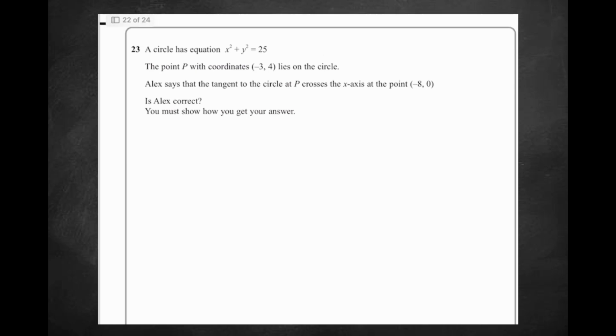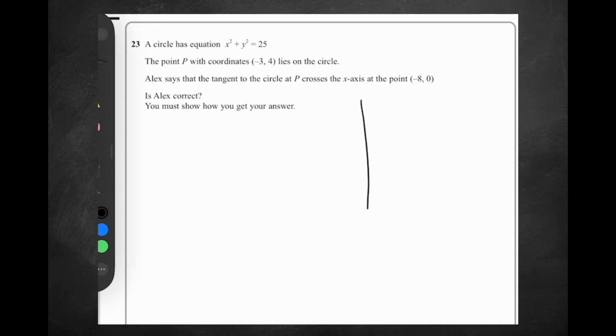Question 23. A circle has equation x squared plus y squared equals 25. The point P with coordinates minus 3, 4 lies on the circle. Alex says that the tangent to the circle at P crosses the x-axis at point minus 8, 0. Is Alex correct? You must show how you get your answer.